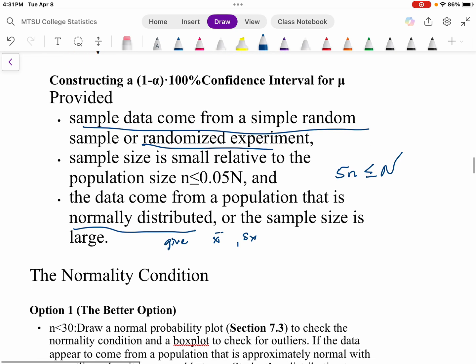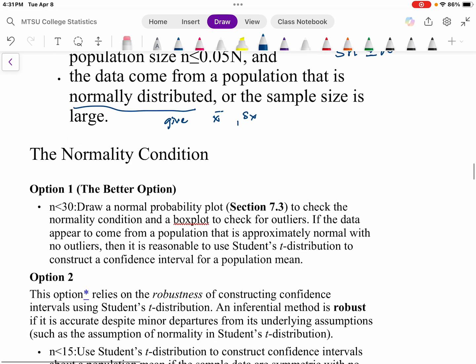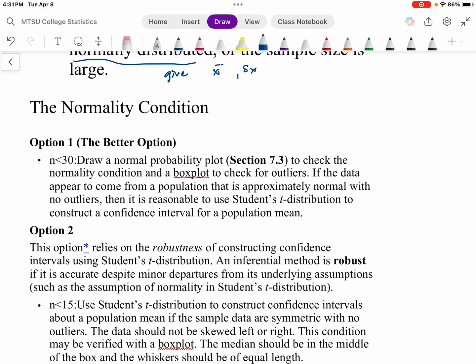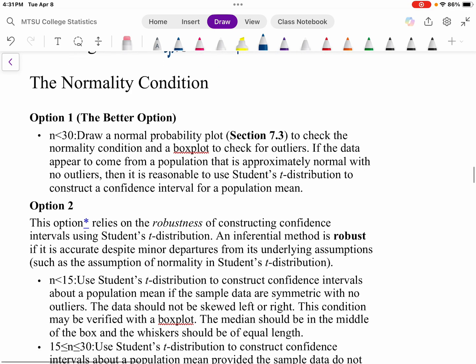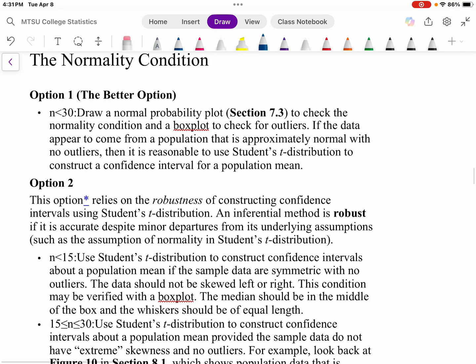If they don't give me everything like that, then I have some options for the normal condition. Here are the options for when n is less than 30.